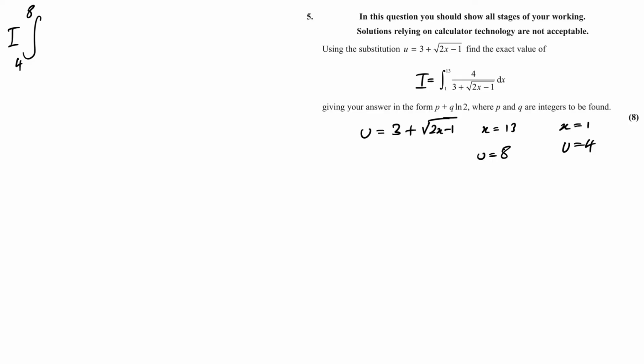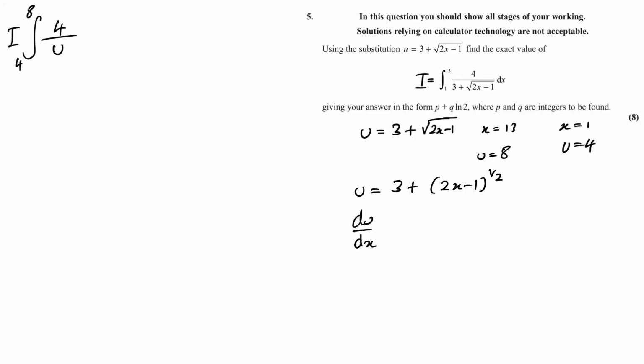So now I've got 8 and 4 as my two limits. Lovely. Now, I can substitute in for this, so we've got 4 over, and that is the same as that, so it's 4 over u. But I need to deal with this dx. So let's differentiate. u equals 3 plus, and I'm just going to first write this as a power.